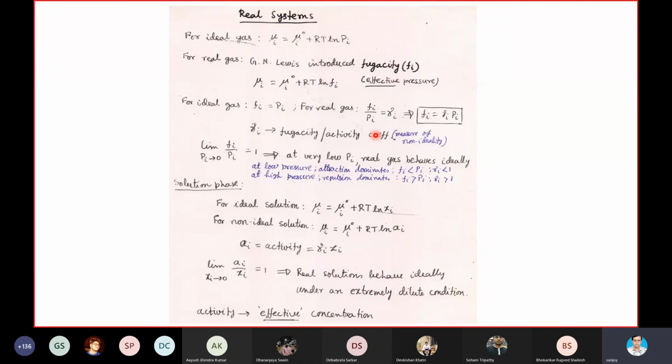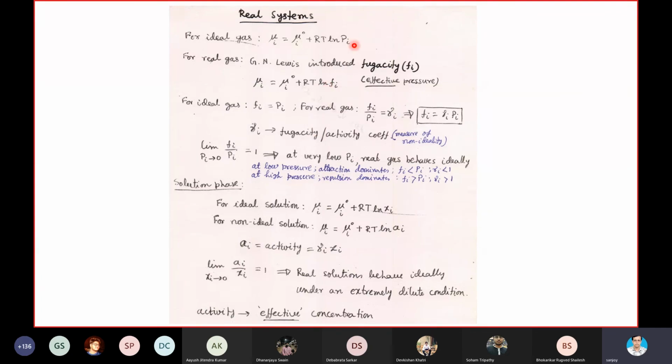So we talk now about the effective pressure. Effective pressure is the actual pressure that is experienced, considering the realness of the particular system you are dealing with. This effective pressure can be greater or less than the ideal pressure, depending on how the interaction happens.